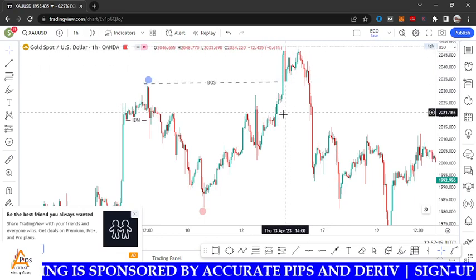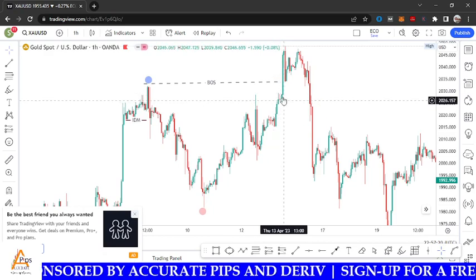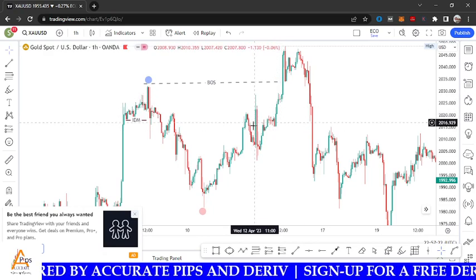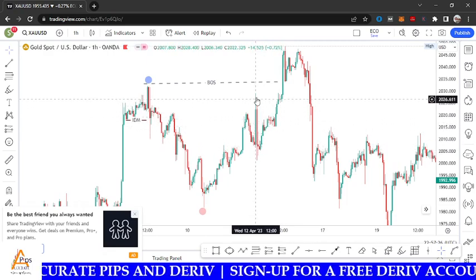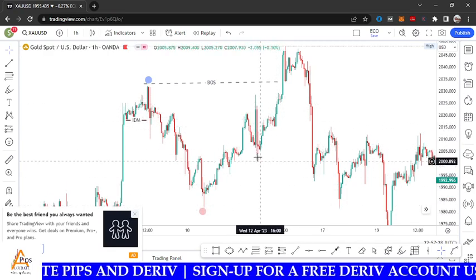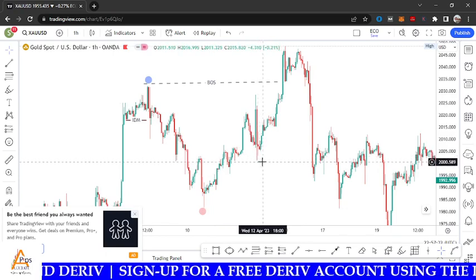Now, this is the break of structure. Let's see. This pullback here is not valid, but this pullback here is valid. Why? Because the red candle has taken the low of this green candle. So our inducement is around this area.